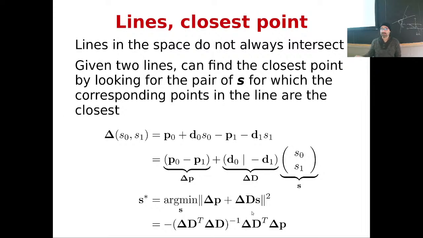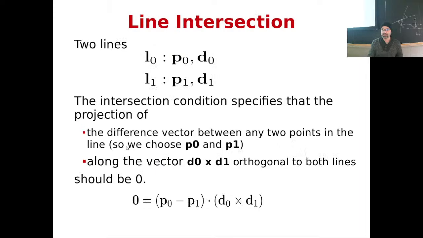Yeah. But this condition of your colleague says, why don't we use the very same? Another line intersection condition would be that we find an S for which delta is 0, right? Yeah, this is for sure another intersection condition, but it requires much more calculations than this intersection condition.